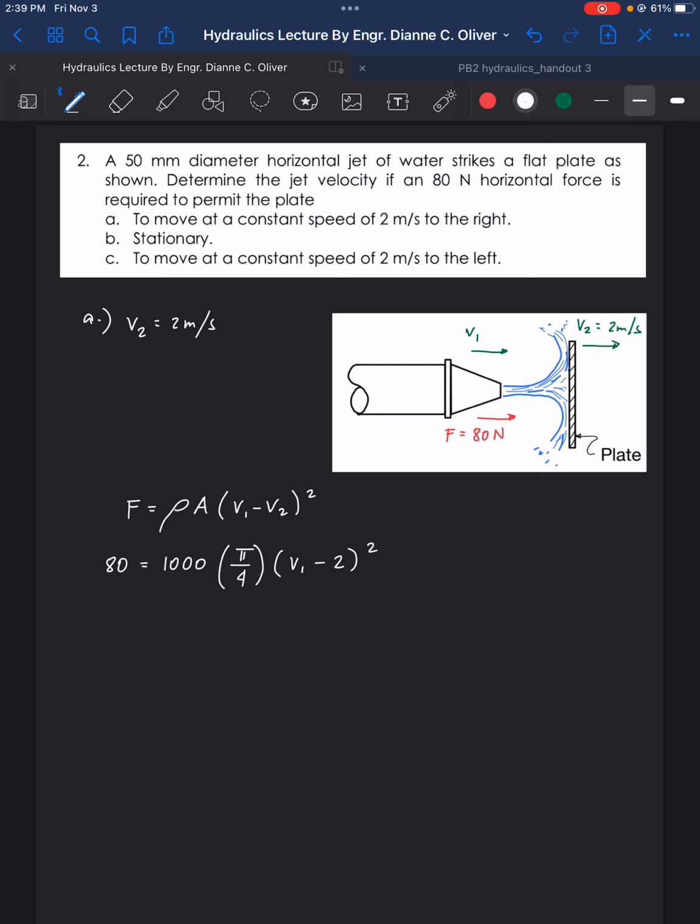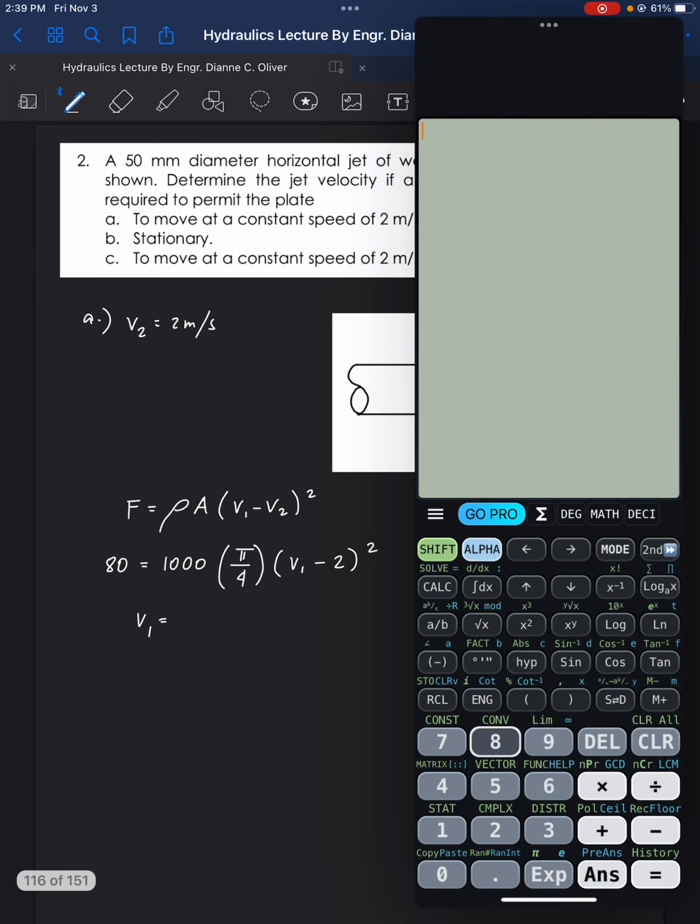So, what is the value for V1? You're going to use the shift solve function: 80 equals 1,000 times shift π over 4 times alpha x minus 2, squared.